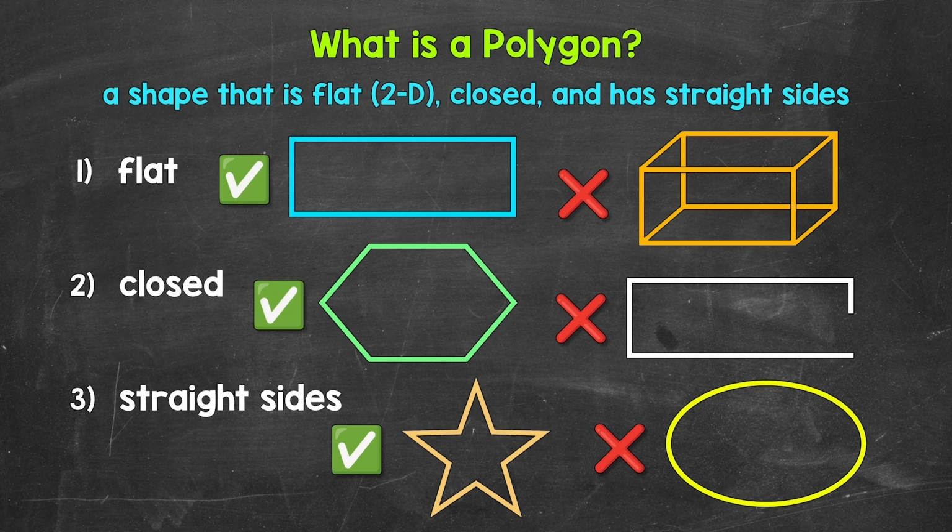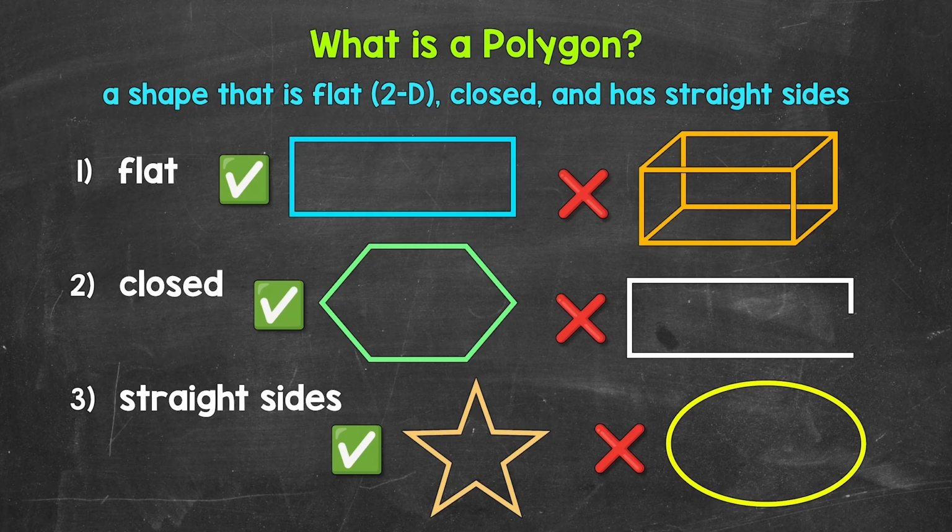The orange rectangular prism up top is closed. It is made of straight sides, but it's not flat. Then the white almost rectangle is flat, made of straight sides, but it's not closed. And then the yellow oval is flat, closed, but not made of straight sides. So those three shapes are not polygons.